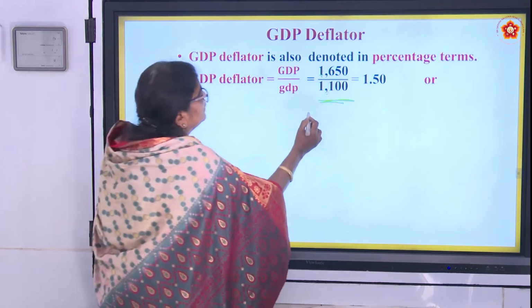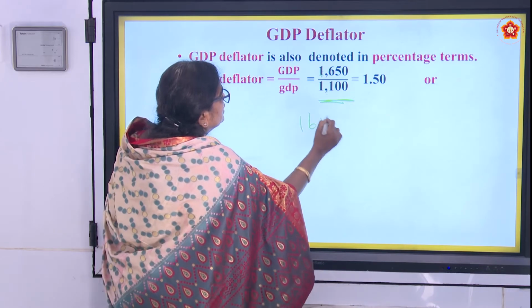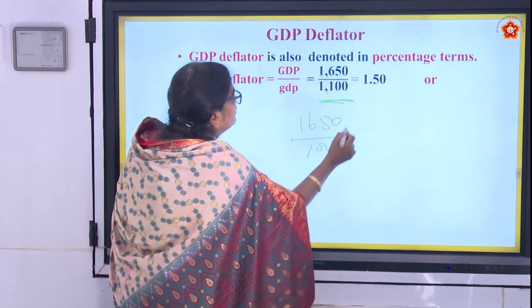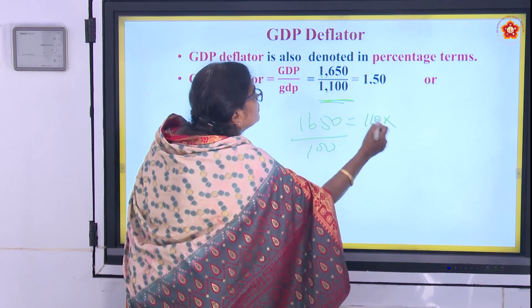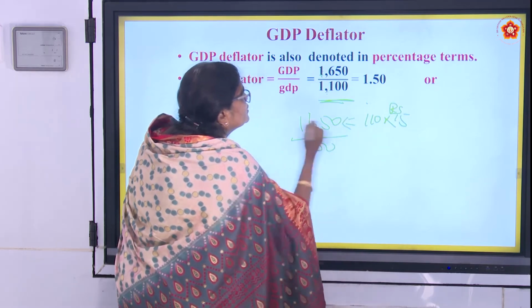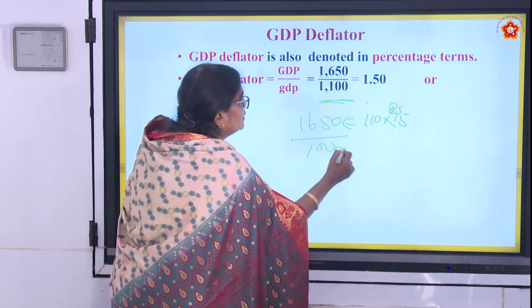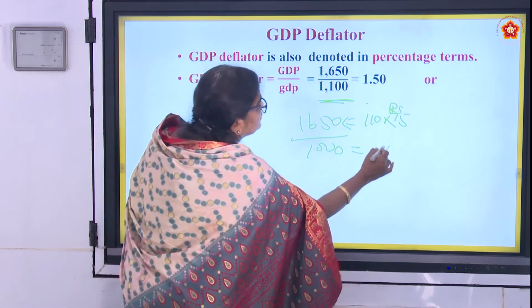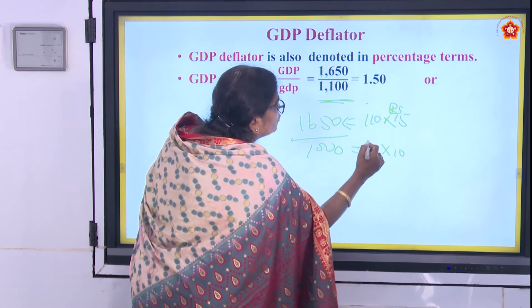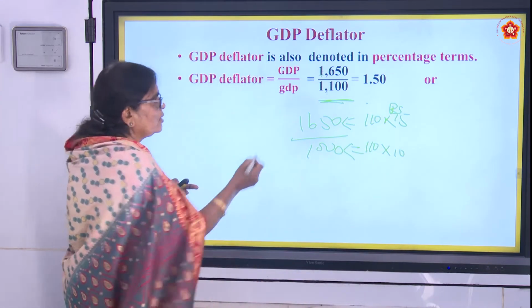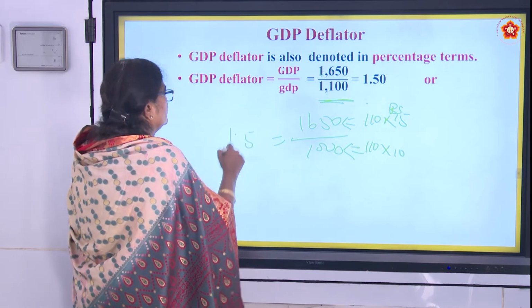Nominal GDP is 1650: 110 rupees, 10 units of bread into 15 rupees, gives us 1650. Real GDP we calculated in our previous example: we didn't change the price, we took the base year price and the output of 2001. It gives us 1000. How much is it? 1.5.